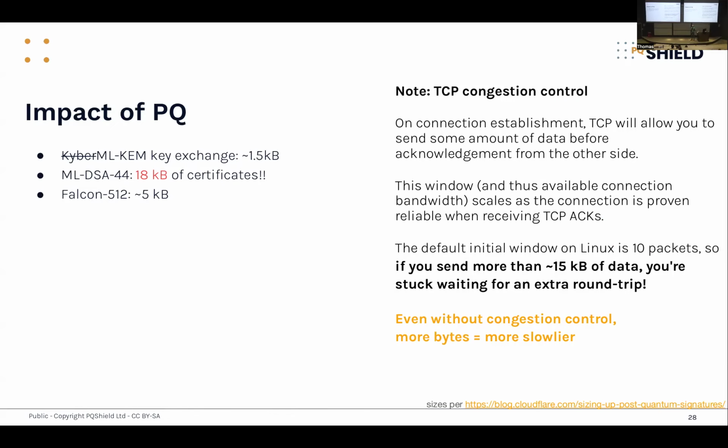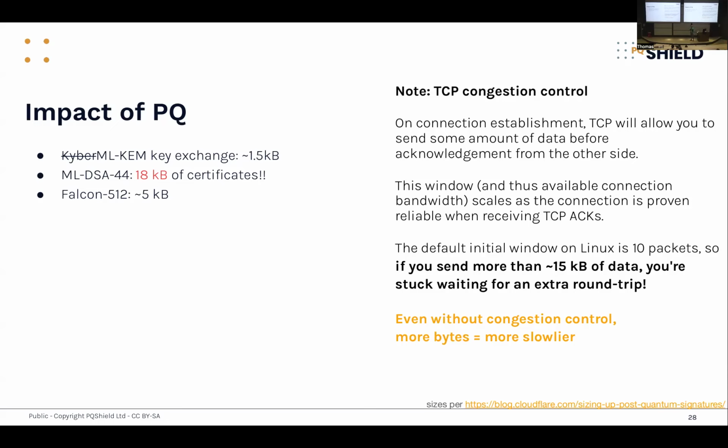If we replace all of the signatures in the handshake with MLDSA, formerly known as the Lithium, then we have 18 kilobytes of certificates that we need to transmit with every single website visit. And in a single website visit, you're probably opening about 10 to 15 TLS connections. So that gets quite painful quite quickly. And even if we use Falcon, we're looking at 5 kilobytes of additional data.